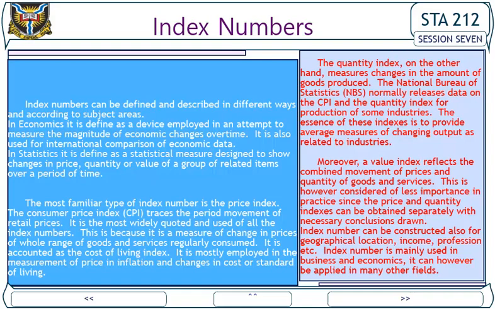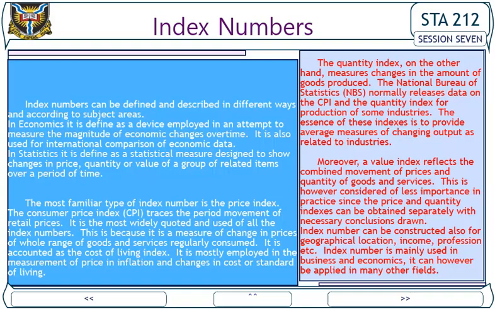The quantity index, on the other hand, measures changes in the amount of goods produced. The National Bureau of Statistics (NBS) normally releases data on the CPI and the quantity index for production of some industries. The essence of these indexes is to provide average measures of changing output as related to industries.